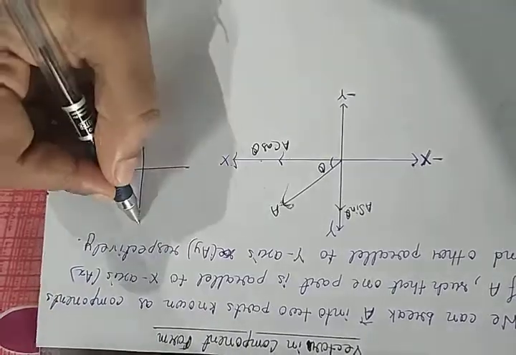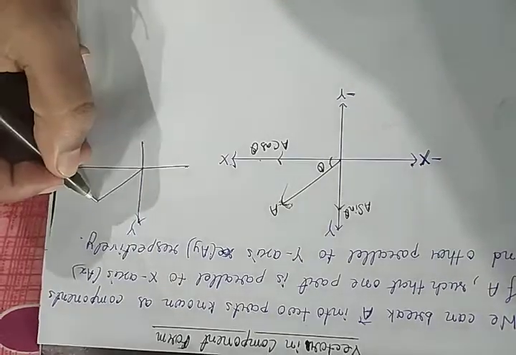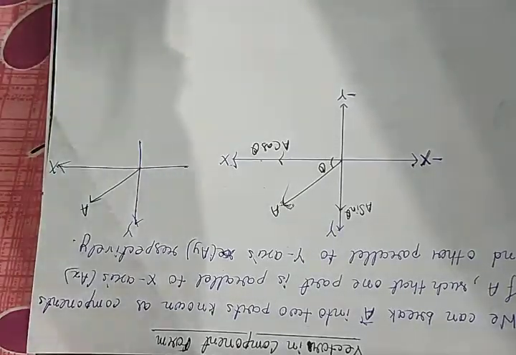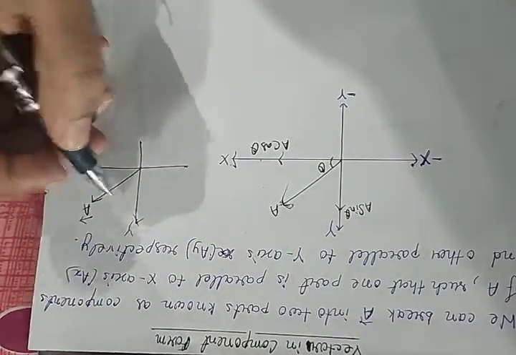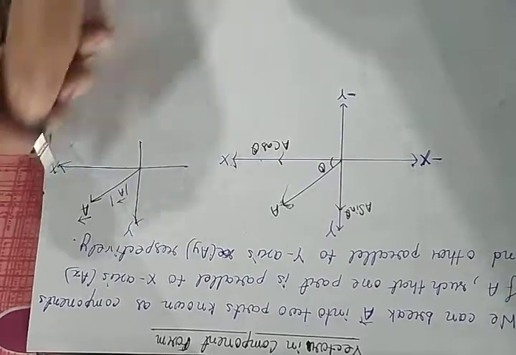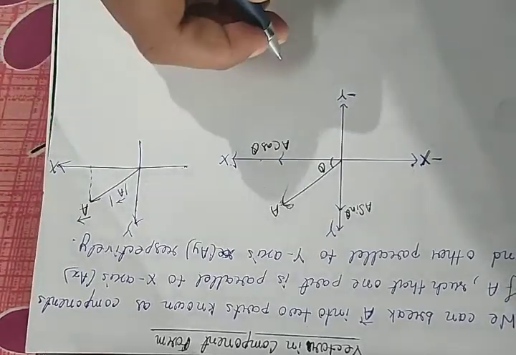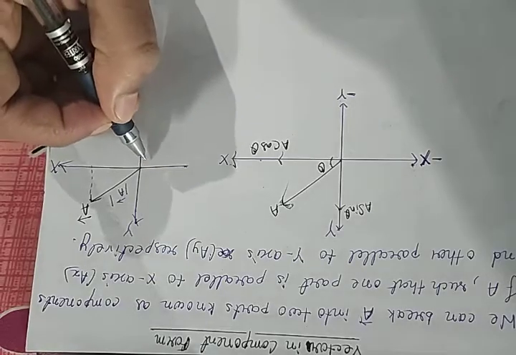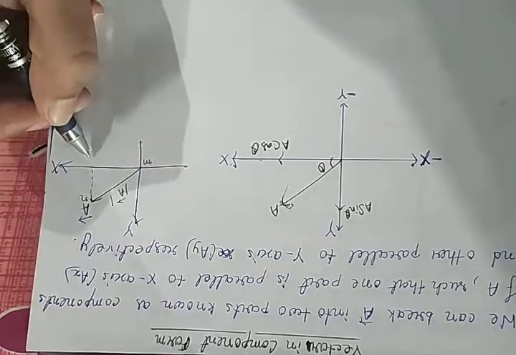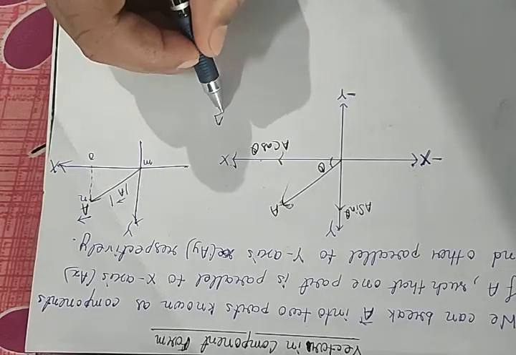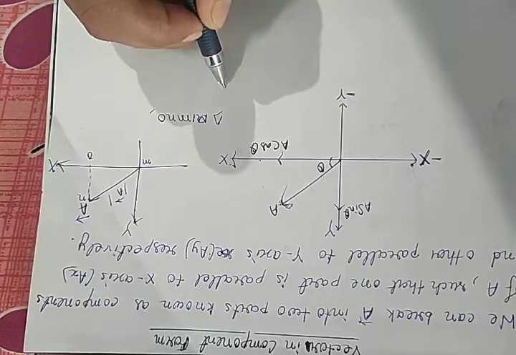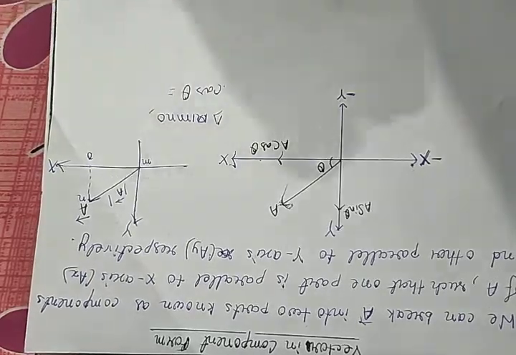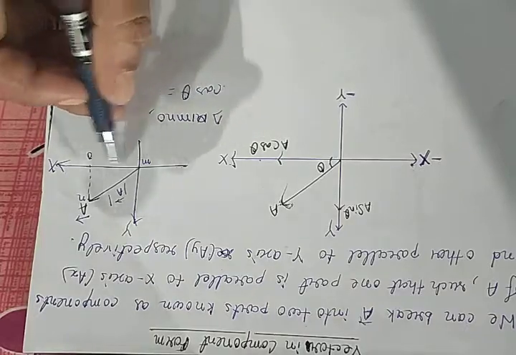Let me explain to you. So this is your x-axis, this is your y-axis. This is your vector A. Now you know that the value of vector A is mod of A. Now draw a perpendicular line and name these 3 points M, N, O. So from this triangle MNO, you can say that cos theta is equal to base by hypotenuse.